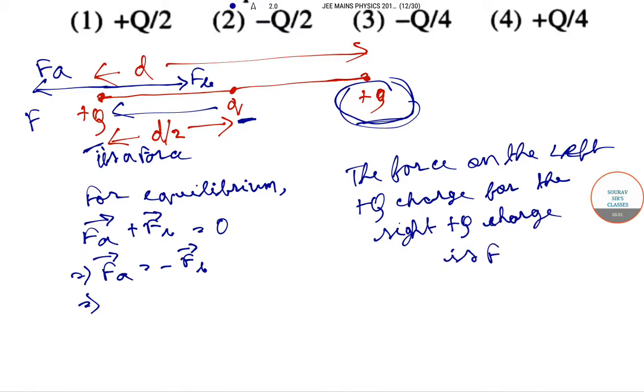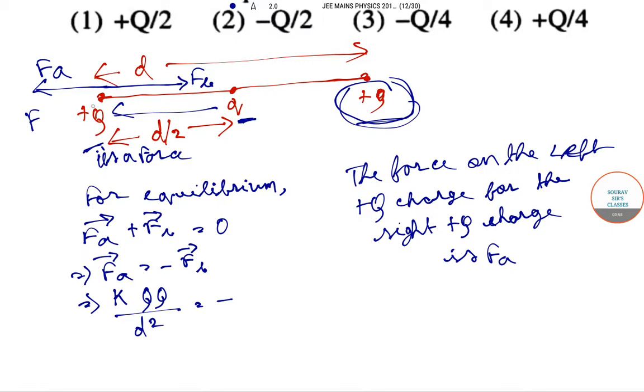So, FA is equal to K, the constant 1 by 4 pi epsilon 0, times Q into Q divided by d square, as the distance between the two plus Q charges is d. This equals minus FB, the force between plus capital Q on the left hand side and small q.